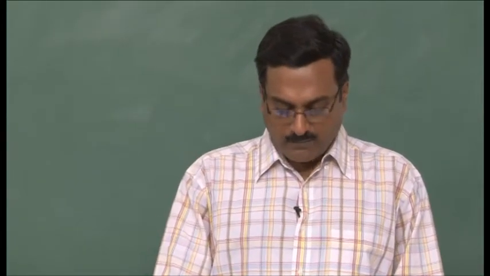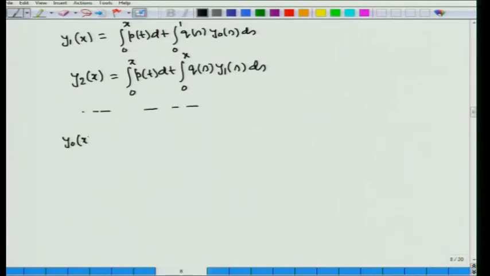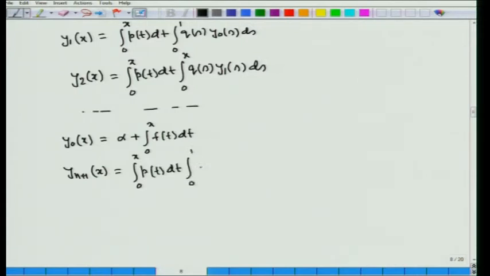So, the iterates in the compact form can be written as, that is y_0(x) is equal to alpha plus integral 0 to x f(t) dt, and y_{n+1}(x) is equal to integral 0 to x p(t) dt, then integral 0 to 1 q(s) y_n(s) ds, and this result is valid for n greater than or equal to 0.